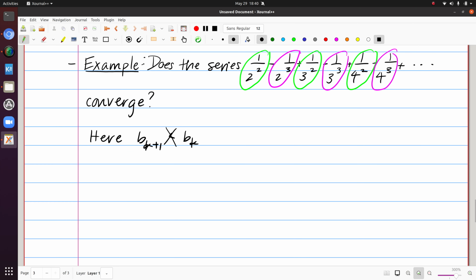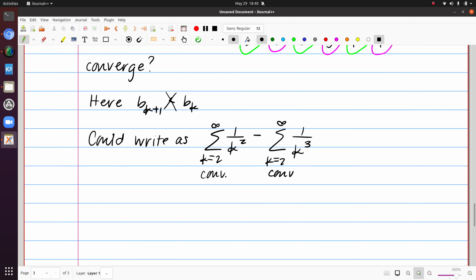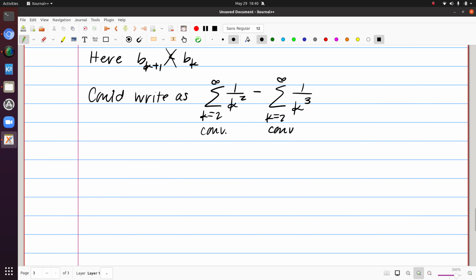So in this pattern, we could write this instead as the positive sum from k equals 2 to infinity of 1 over k squared minus the sum from k equals 2 to infinity of 1 over k cubed, both of which converge. So this one converges and this one converges. So in that case, the difference converges. So this tells us that the series actually converges.